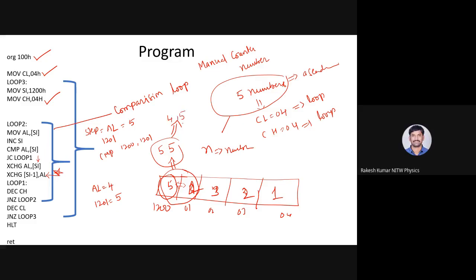What happens to your AL value? 4. Right? Is that fine, all of you? Yes, sir. So now after this exchange instruction, you have got the numbers 4, 5, 3, 2, 1. Now after this instruction, where does it go?